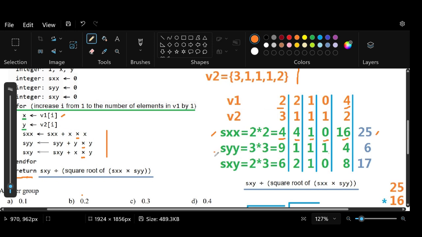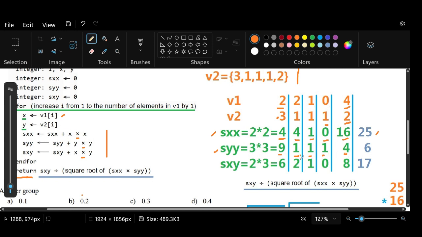Now for SYY, we need to multiply y and y. So we have 3 here, and 3 times 3 is 9. 1 times 1 is 1. 1 times 1 is 1. 1 again for this, 1, and then 2 times 2 is 4. Then we need to add them up.